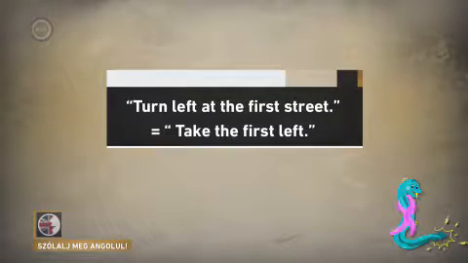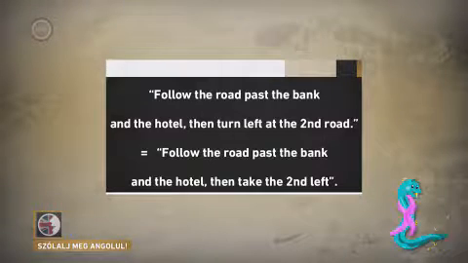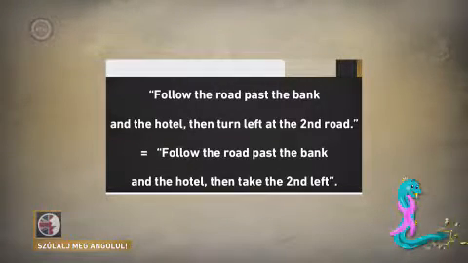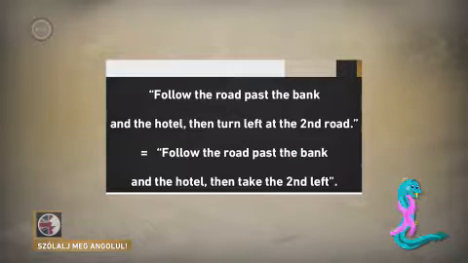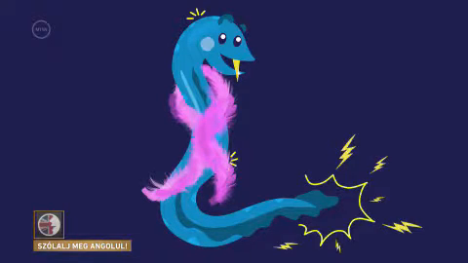They normally won't say follow the road past the bank and the hotel, then turn left at the second road. They'll say follow the road past the bank and the hotel, then take the second left. So remember to listen out for the word take when someone is giving directions, and you'll find Chief Mangasuta Buthelezi cul-de-sac in no time.